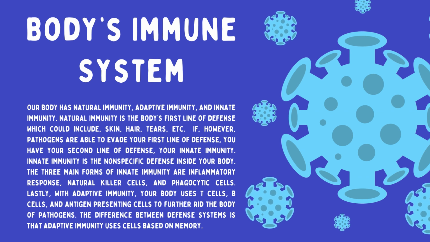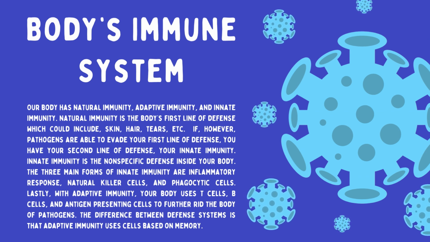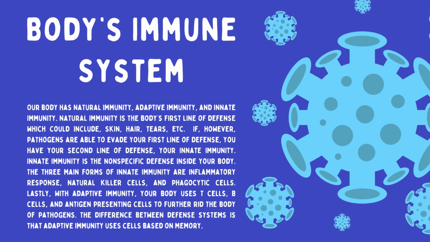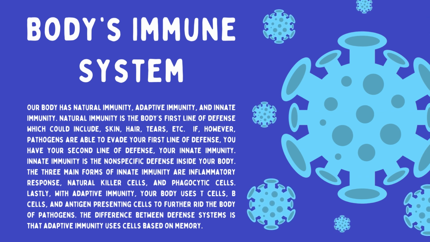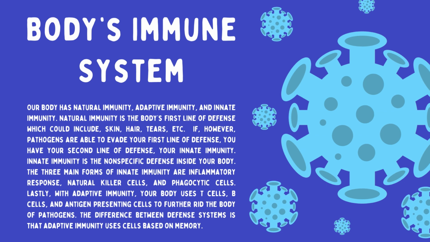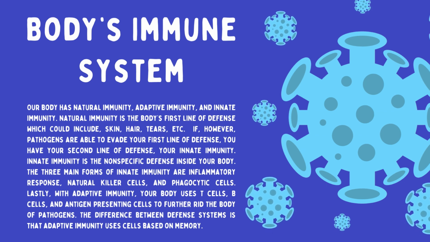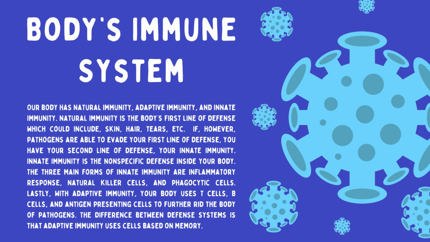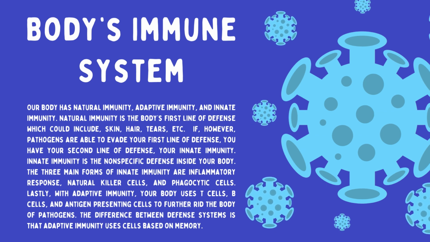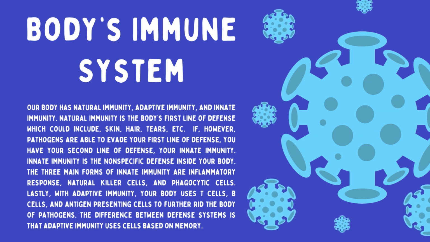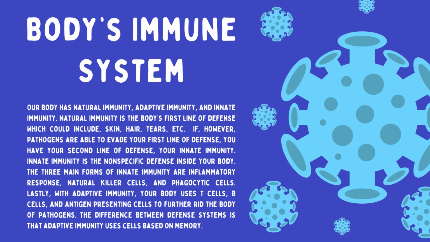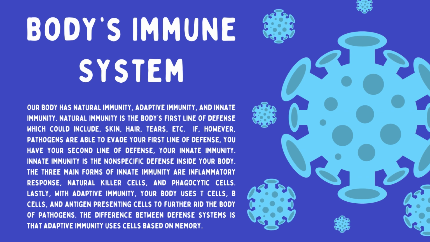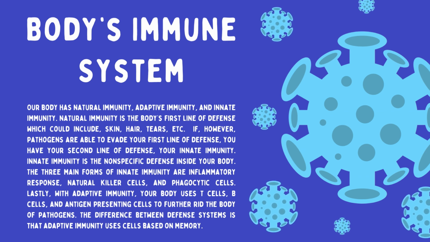So with our natural immunity, it's going to be our first line of defense, and normal examples of that would be our skin, our hair, our tears, among other things. And some pathogens can be stopped from affecting you just simply because they don't have access to your body in that way. However, they still can get access to you if you were to cut your skin, or if you were to inhale it, or if you were to eat it.